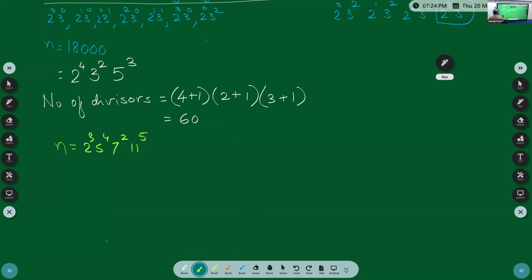Then total number of divisors will be (3 plus 1) into (4 plus 1) into (2 plus 1) into (5 plus 1). Whatever that answer is, that is going to be the correct answer, because we can put all of them into a very nicely, disciplinedly organized box, and the counting will become very easy. So this is another application of prime factorization, finding total number of divisors.